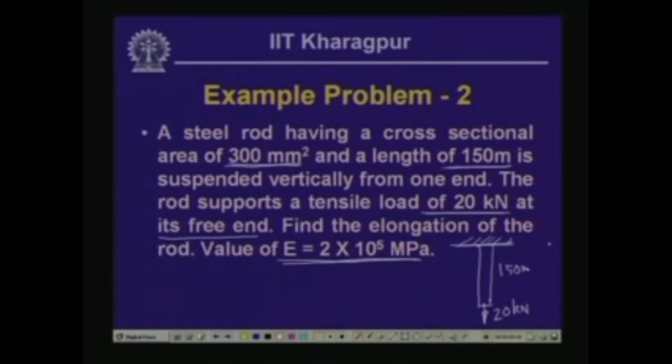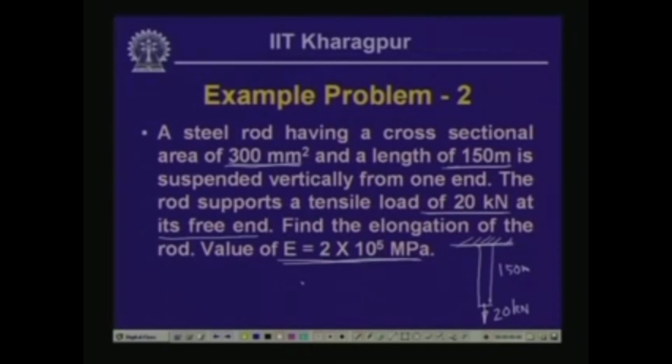So, we are interested to compute what is going to be the elongation of the bar. Because of the axial pull, the bar is going to be stretched, it is going to deform. So, we are interested to find out how much deformation this bar will undergo because of the axial pull which is acting. One end is fixed, the other end is being pulled.